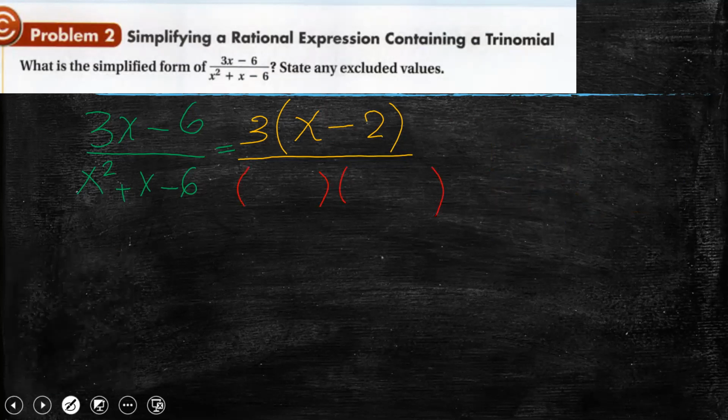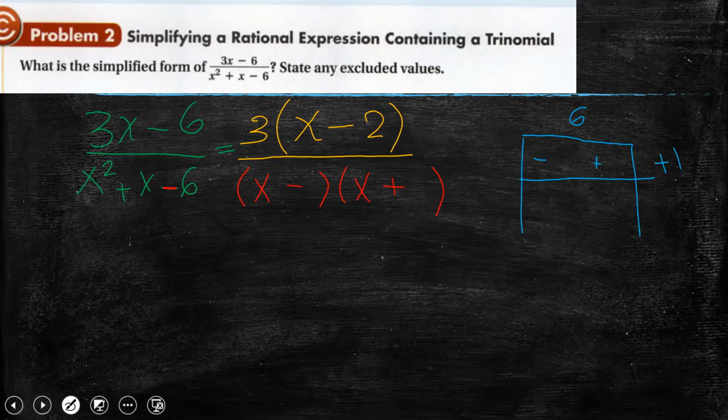X, X. Then, since we have a minus sign, that means we have 1 minus and 1 plus. Now let's factorize 6 here. 1 minus and 1 plus. If you add them, you get plus 1.